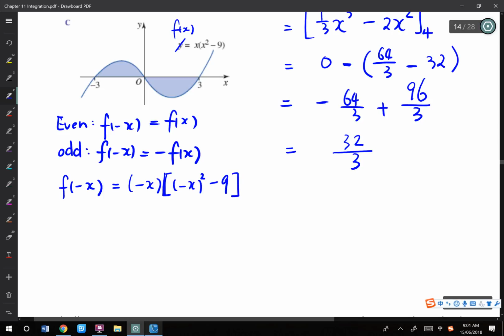Sub x with negative x. And then there's a negative x times x squared minus 9, because negative x squared is still x squared. So now what we can see is that it's a minus times f(x). Everything still stays the same as this f(x), but you have a minus sign in front.